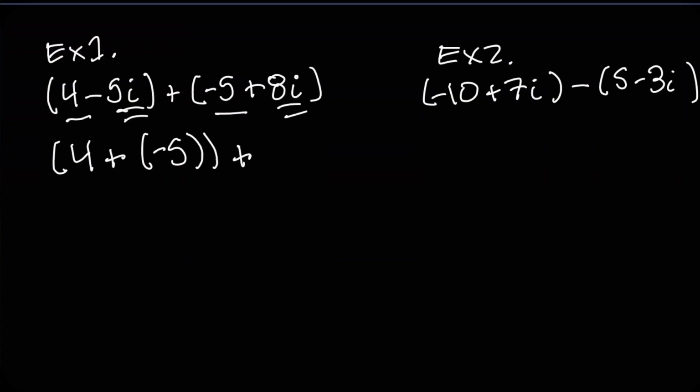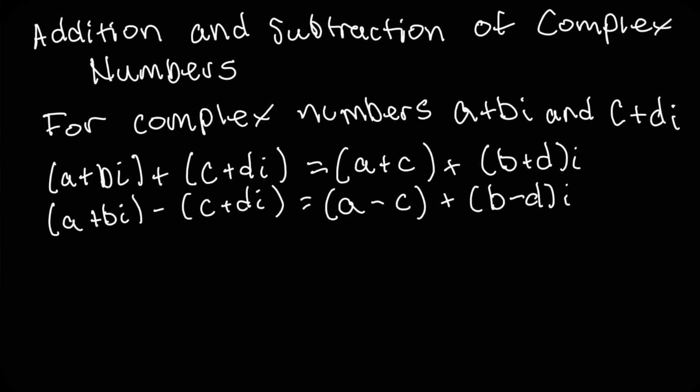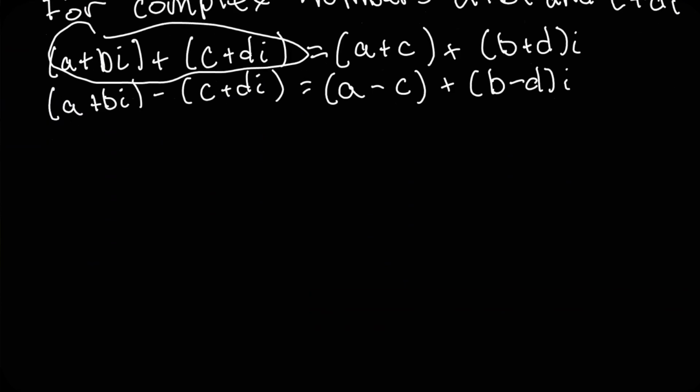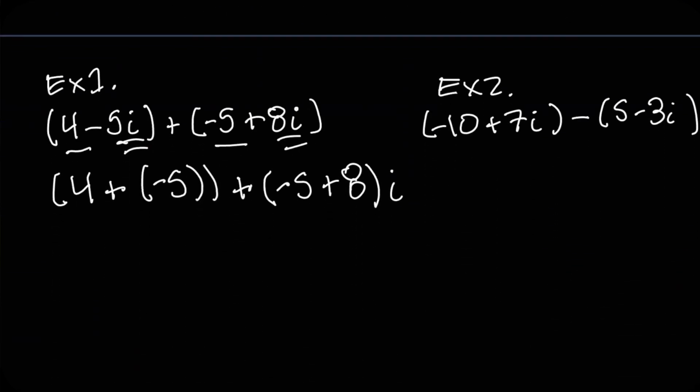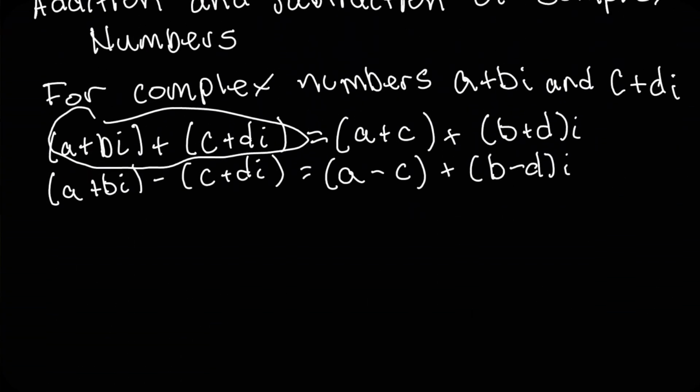We're going to do plus negative 5 plus 8 and then i. And I'm getting this from, again, our properties up here. We see that we have a plus in between, so that's going to be this first one. And then our second one, we see that we have a minus there, so that's going to be our second equation up above.